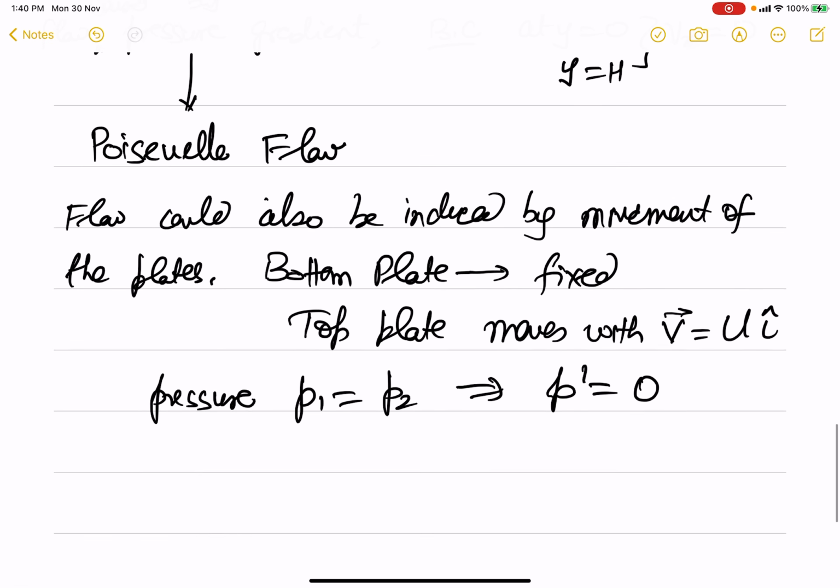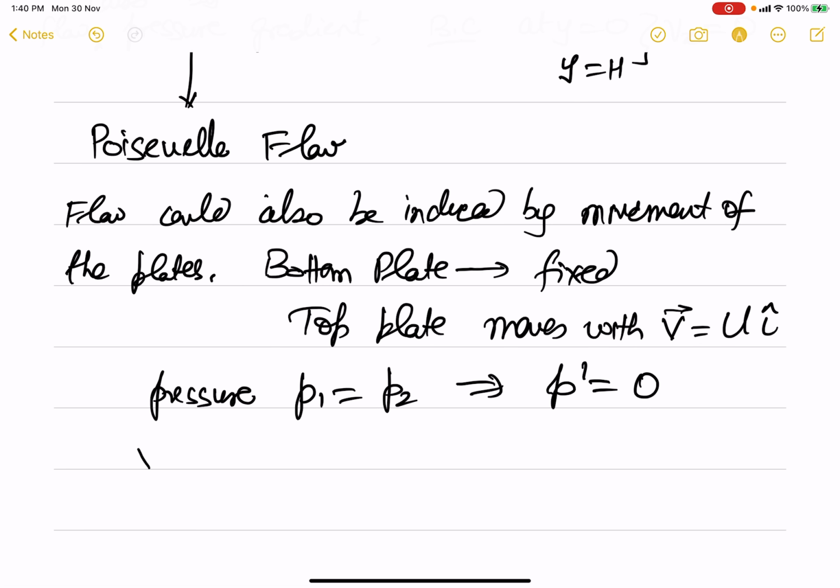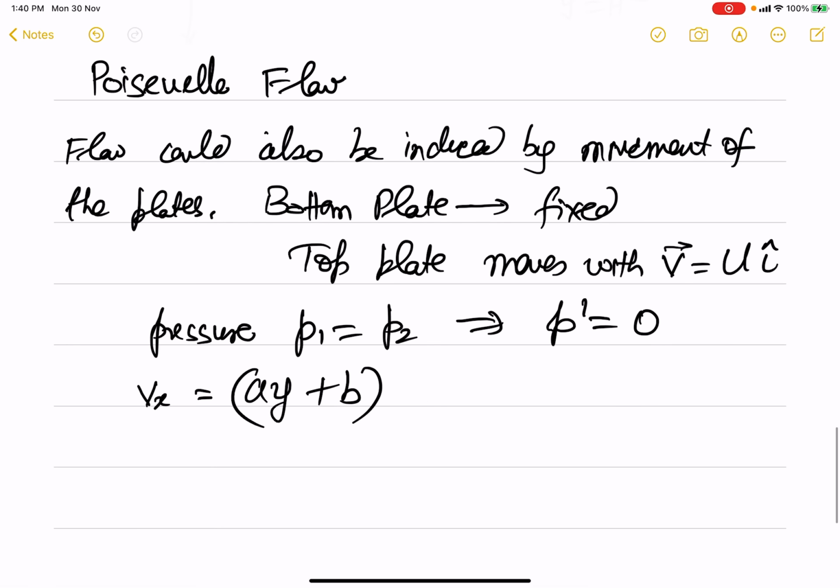In this case, when you solve the equation, the velocity profile will take the form Ay plus B. The quadratic term which came because of P prime will be 0. So therefore the velocity profile between these two plates will be linear.